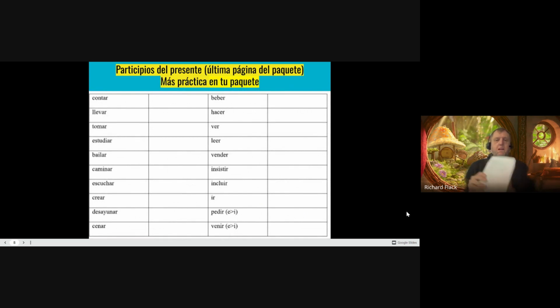Okay, in your packet at the bottom underneath where we did our notes, you've now got a table with the same verbs that I have on the screen. So you're just going to do some more practice of changing these verbs into present participles.